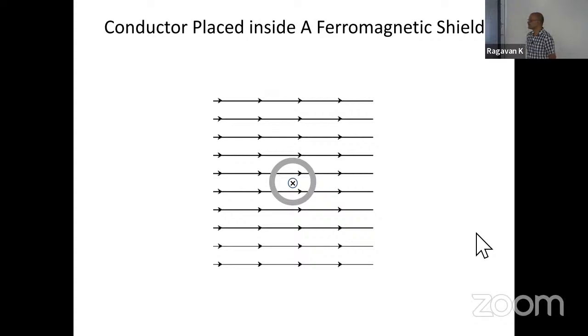No field inside the cylinder. It will take shape like cylinder structures. So the audience are saying that at least some field will take the shortest path, or the ferromagnetic path, as it goes through this space and comes out, right?